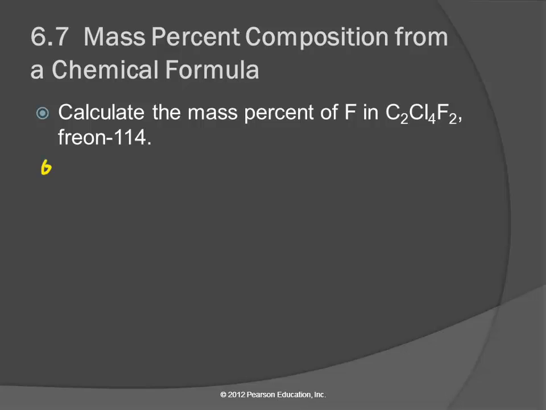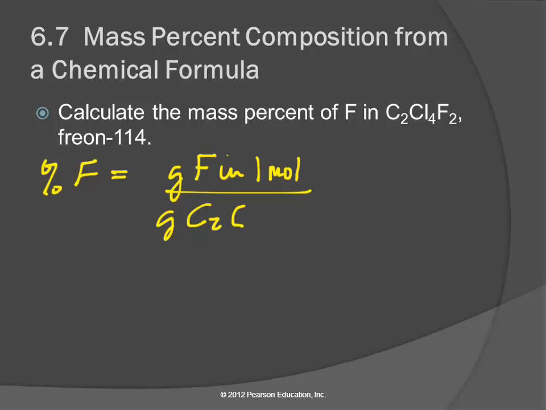So the percent fluorine is going to equal the grams of fluorine in 1 mole divided by the grams of C2Cl4F2 in 1 mole times 100%. So we need molar masses. We need a periodic table.